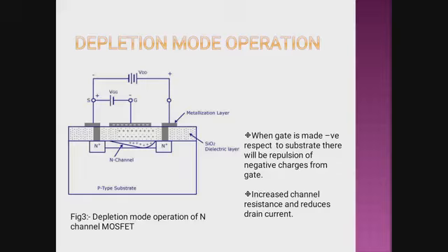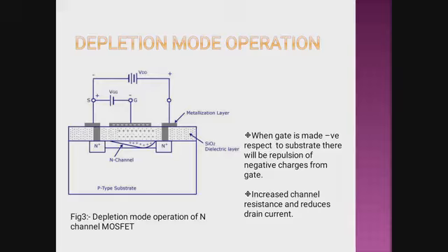What is depletion mode? Depletion mode means, suppose this is the MOS structure you have chosen, the substrate made by P-type and the channel obviously N-type channel, because if you want to create a PN junction, obviously you have to select opposite type with respect to the other. If this substrate is N-type, then the channel will be P-type, and this is the metallurgical contact, and this is the silicon dioxide, which is a dielectric layer.